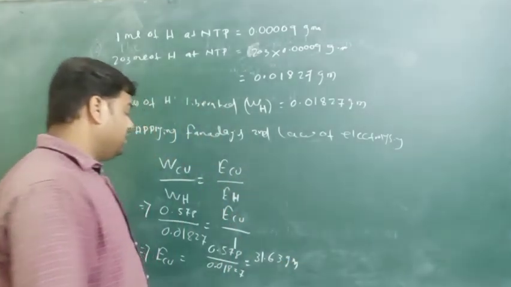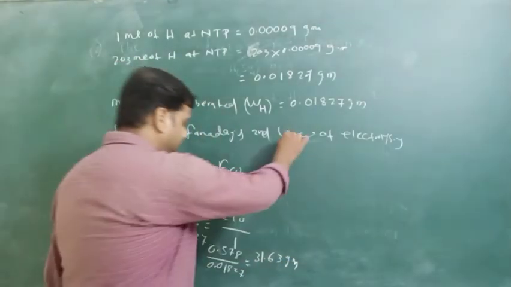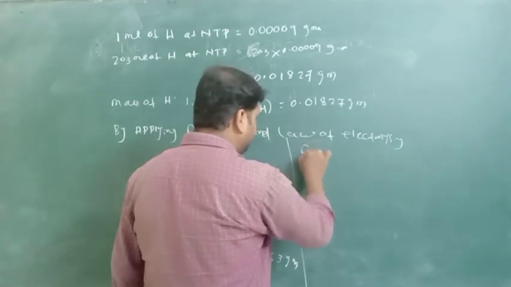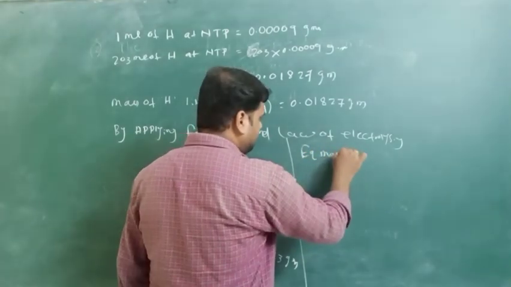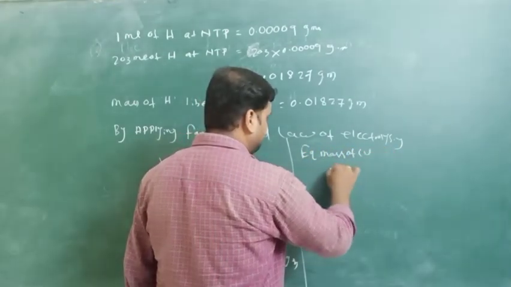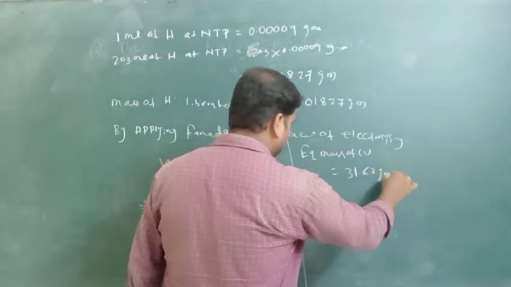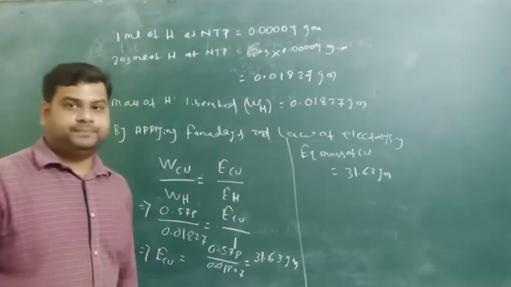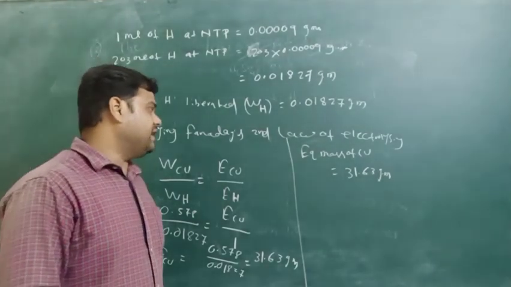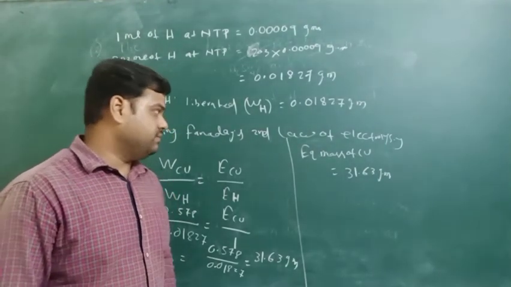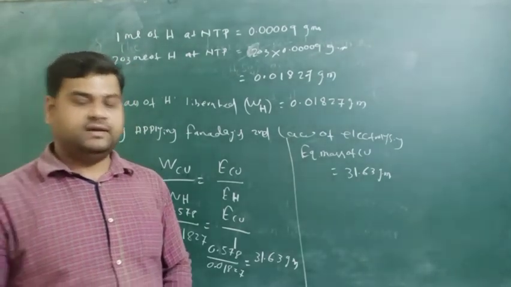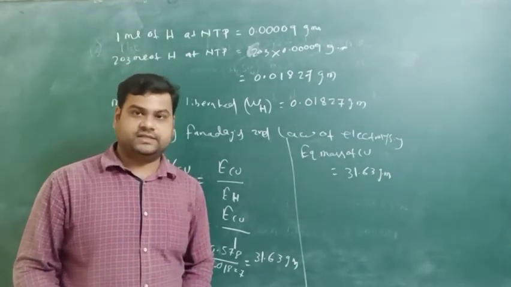So the equivalent mass of copper is equal to 31.63 grams. Okay, so we have calculated the equivalent mass of copper by applying Faraday's second law of electrolysis.